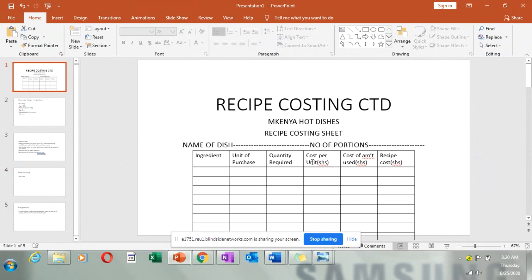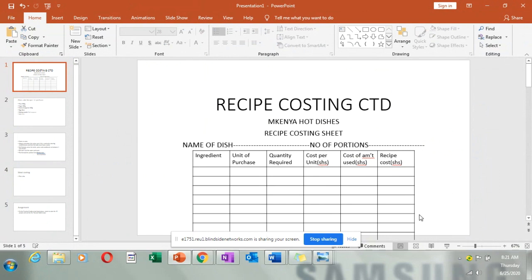Cost per unit, we look for it from the price list that I sent to you. Then the cost of amount used, we calculate from the quantity required times the cost per unit, and whatever you get, you post in the cost of amount used column.